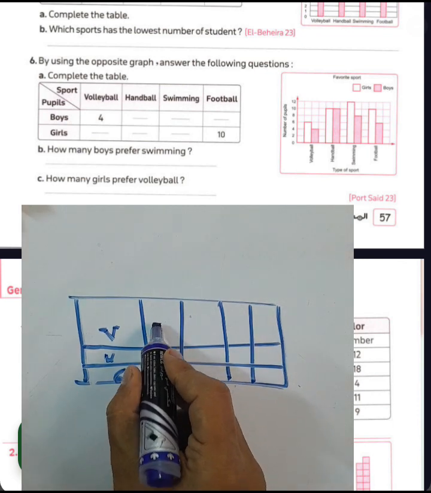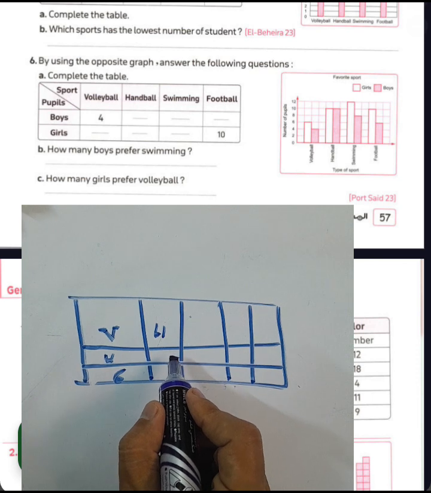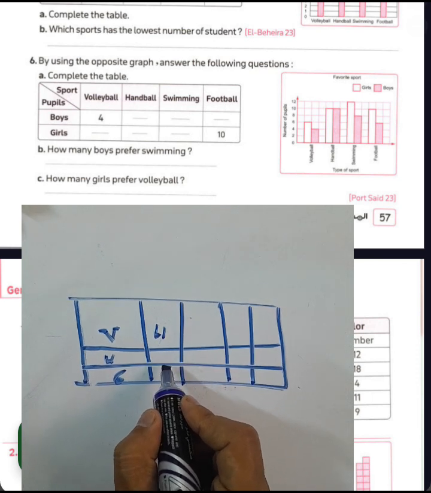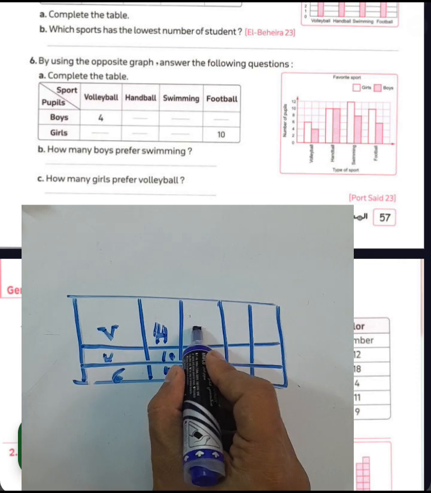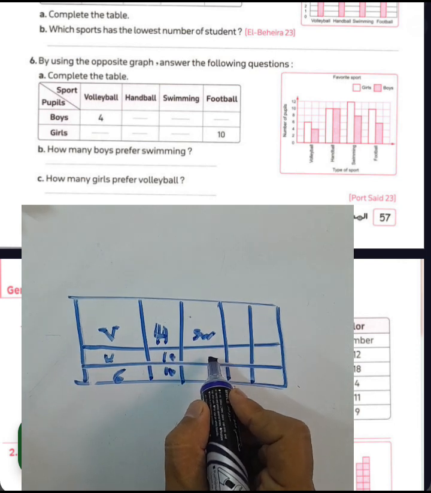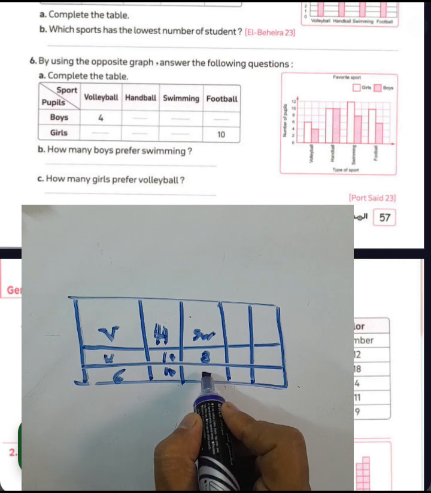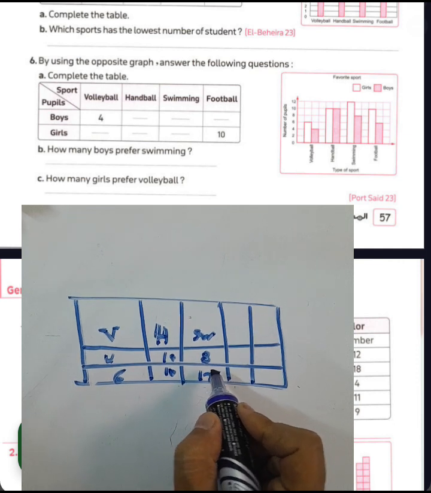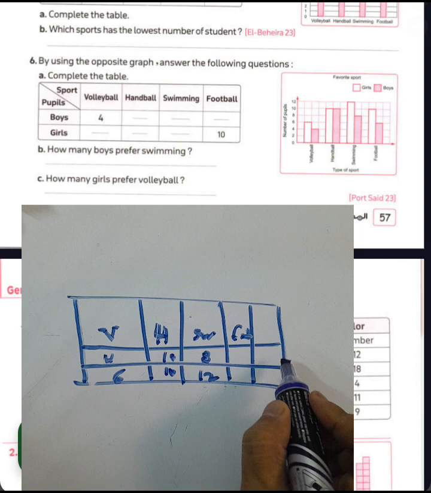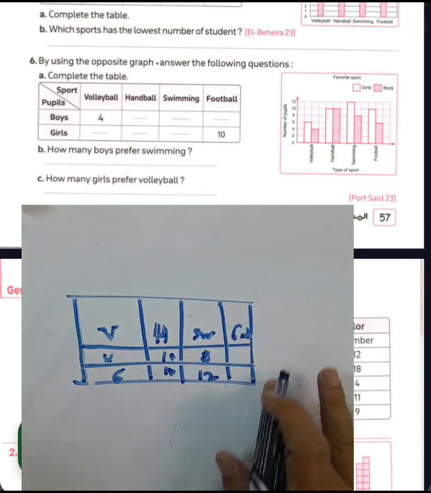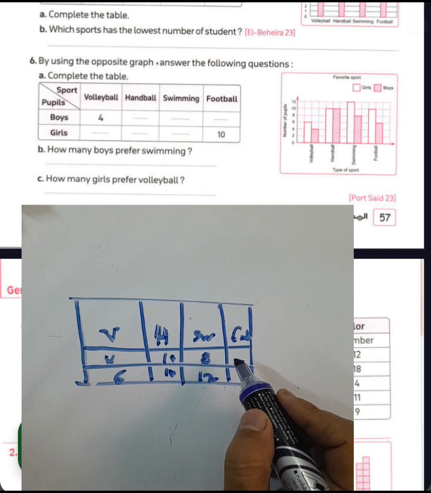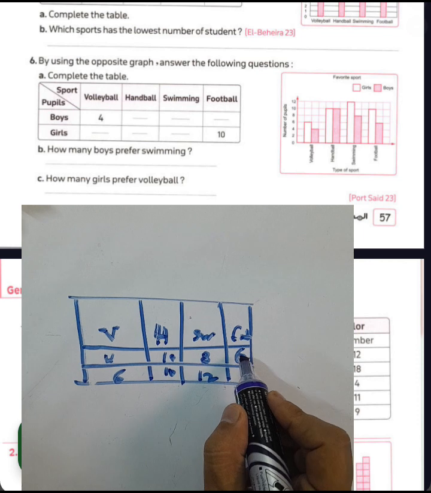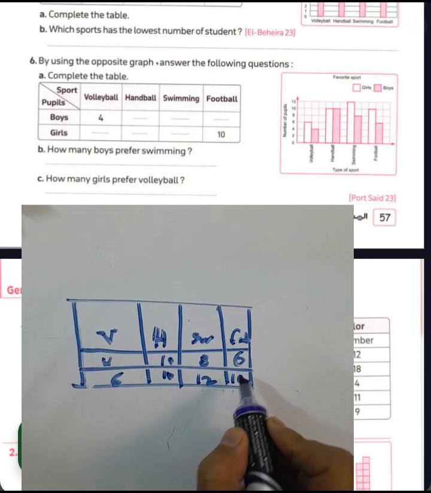And handball, look with me, 10 and 10. And swimming 8 and 12. And football, the number of boys was 6 and the girls was 10.